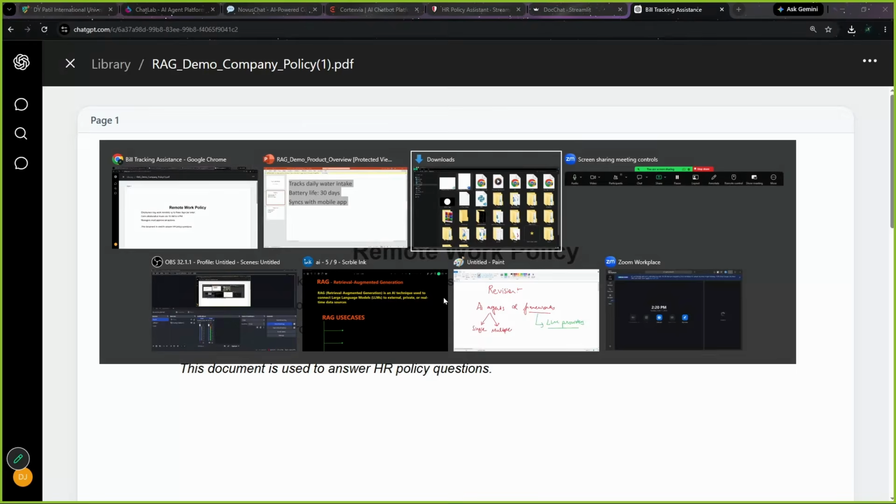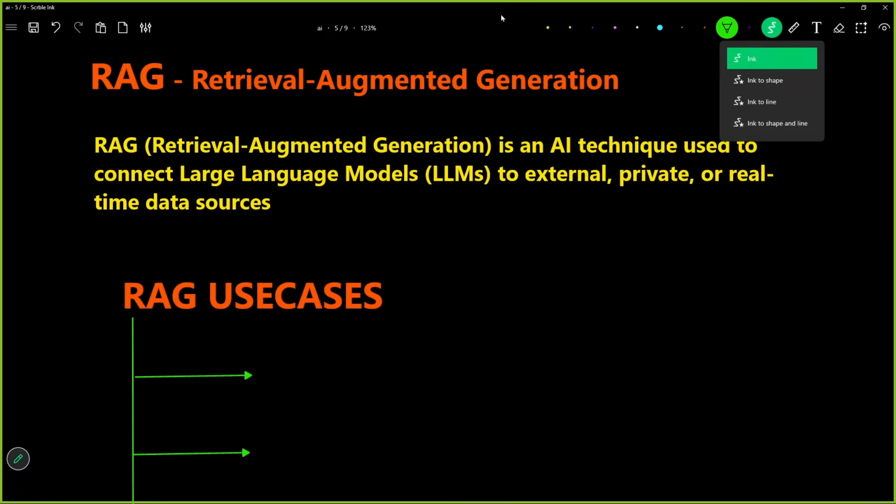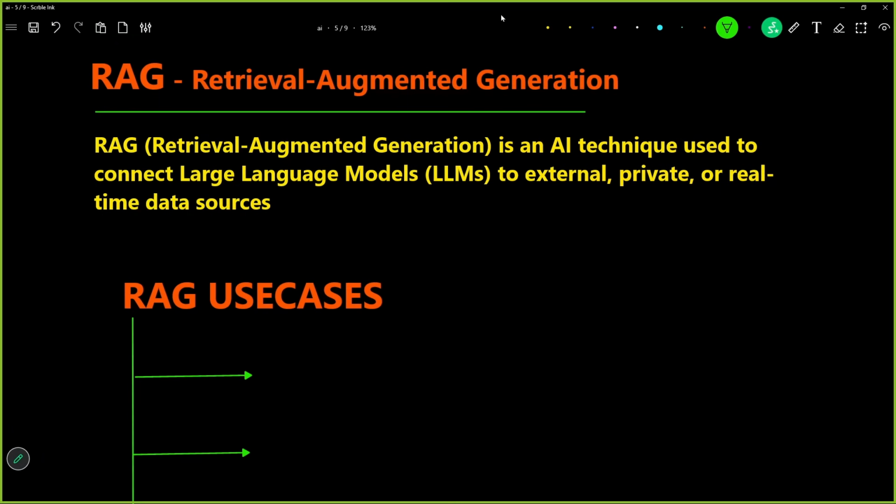Now let us go ahead and talk about Retrieval-Augmented Generation. This is the topic we are learning right now. RAG, the most famous use cases. A fun fact: if there are 100 agentic AI or AI applications in this world, then almost 98 to 99% are RAG applications.